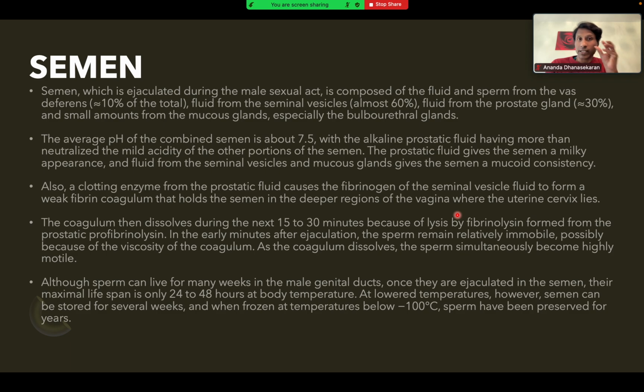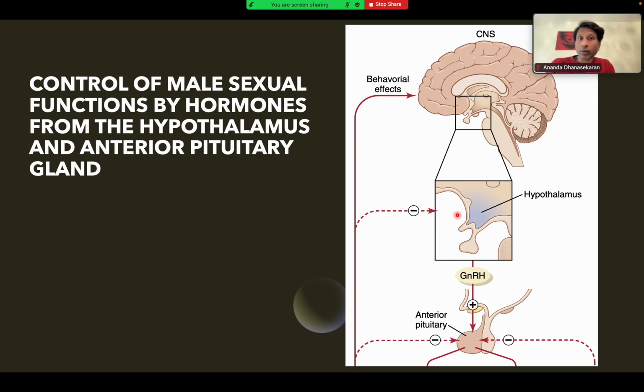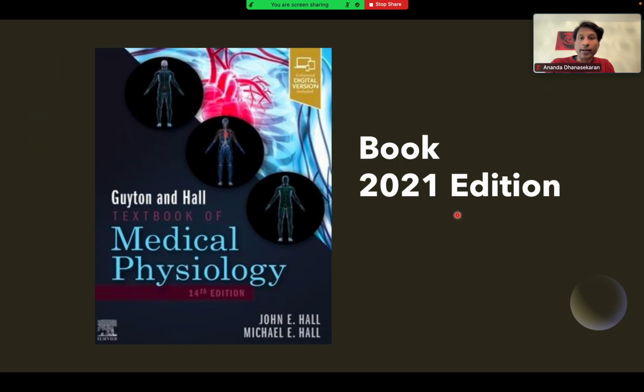And we discussed the semen, the exact constituents of semen, and what its life is in a man's body and in a woman's body. In a man's body, it can stay for many weeks, while in a woman's body, it is only 1 or 2 days. We discussed the hormone control from the Agna chakra, or the anterior pituitary, and how the pituitary is controlled by the hypothalamus. And I showed you the source of the book also.